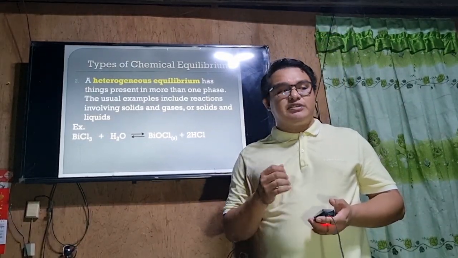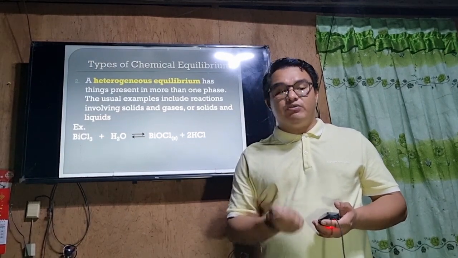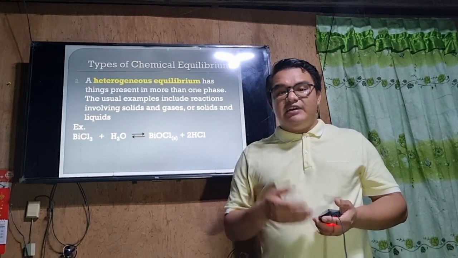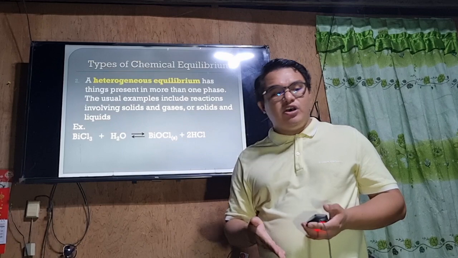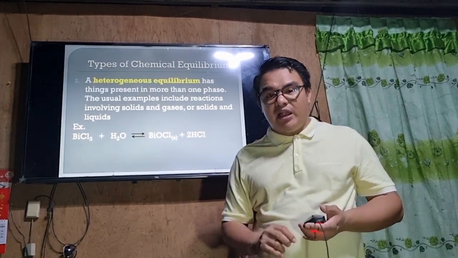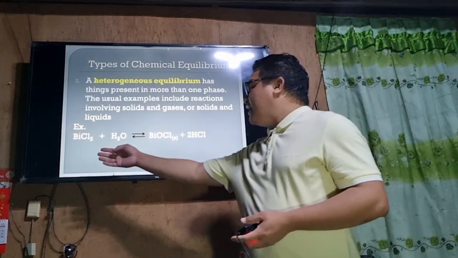The second type of chemical equilibrium is heterogeneous equilibrium, which has things present in more than one phase, for example, solids and gases or solids and liquids in one chemical reaction. In this case, we have solid and liquid.